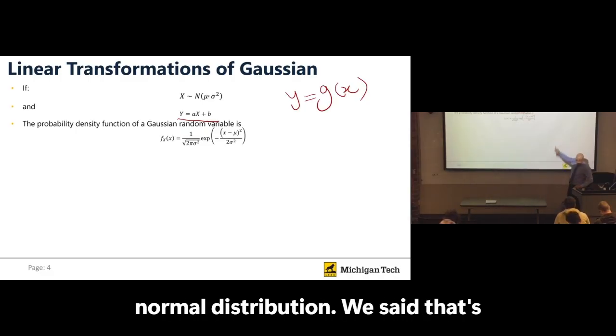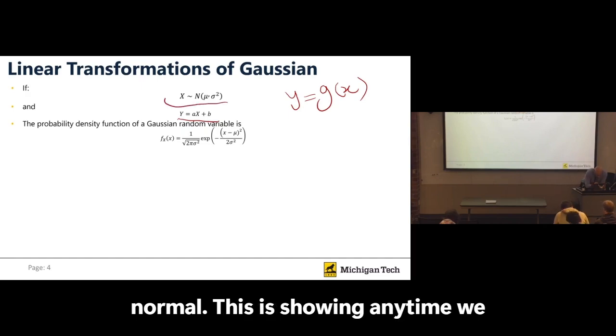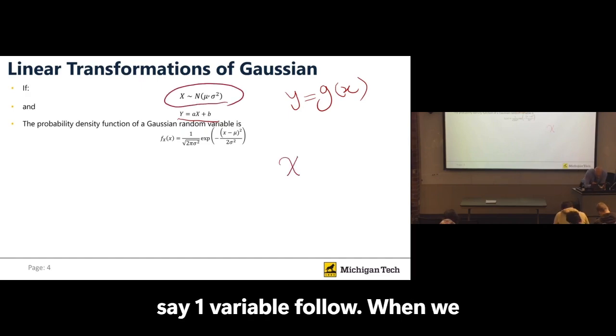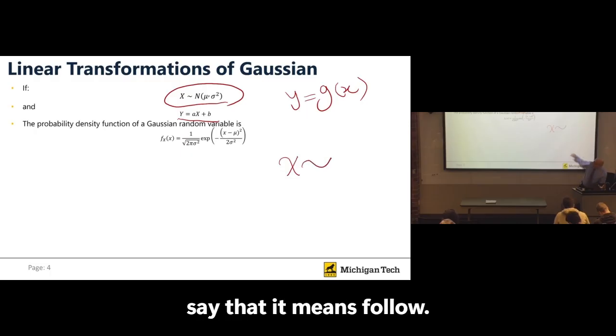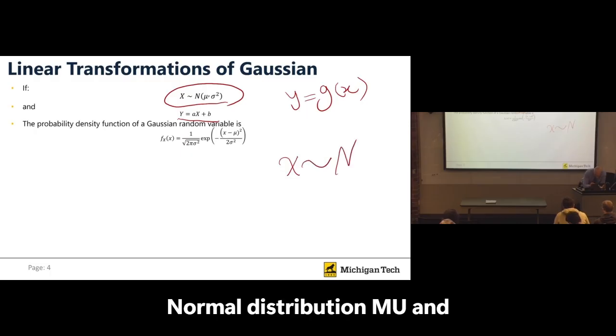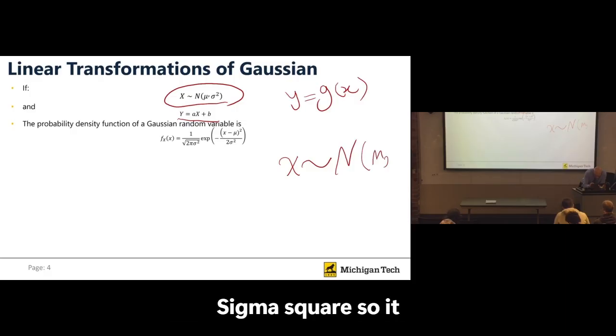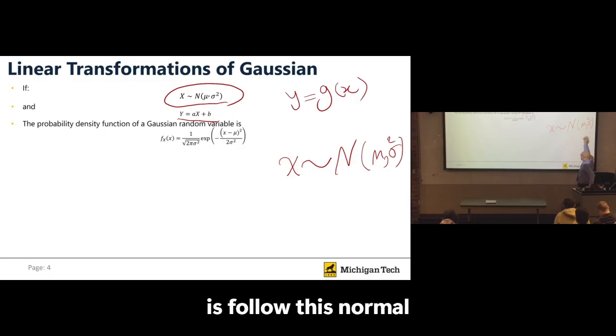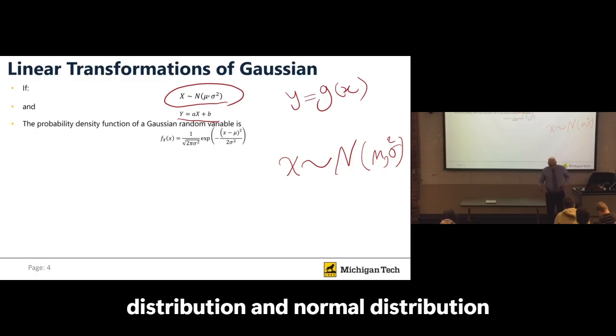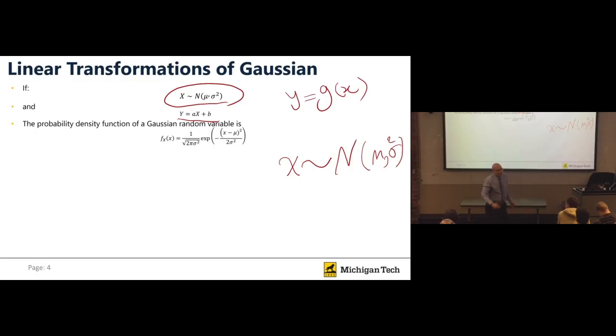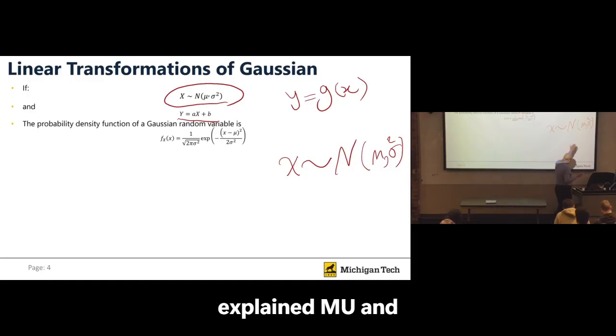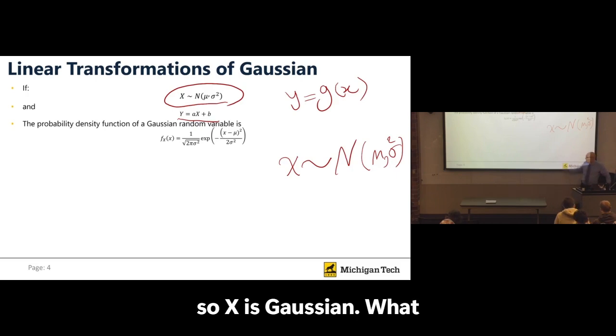Anytime we say one variable follows a normal distribution with mu and sigma square, it means x follows this normal distribution, and a normal distribution just needs two coefficients to explain, mu and sigma. Okay, so x is Gaussian. What's happening to y?